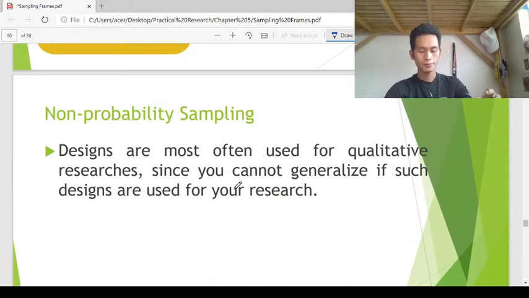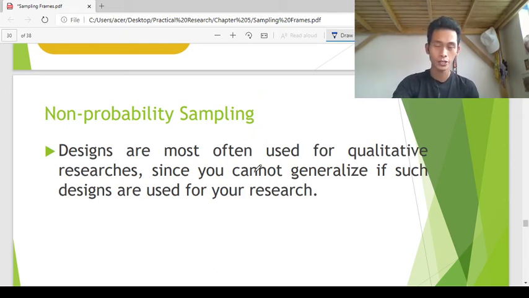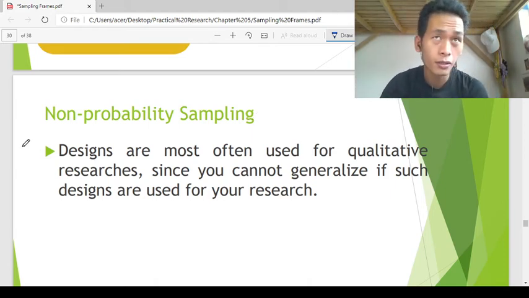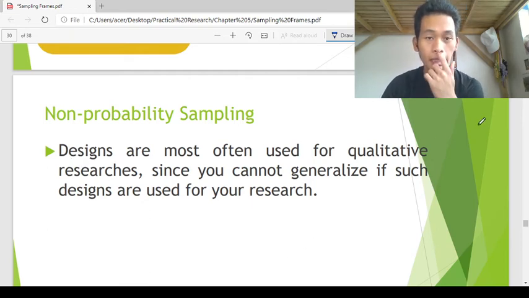Okay, the next type of sampling procedure is non-probability sampling. So, it has no elements like margin of error, response distribution, or population size. It is not particularly about population size.